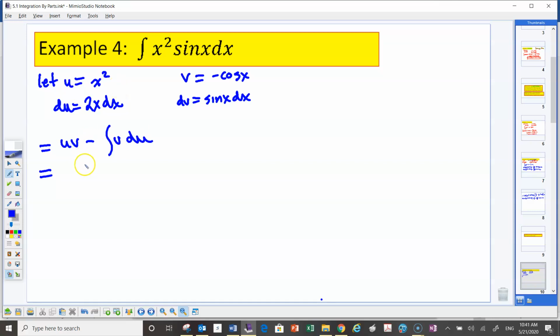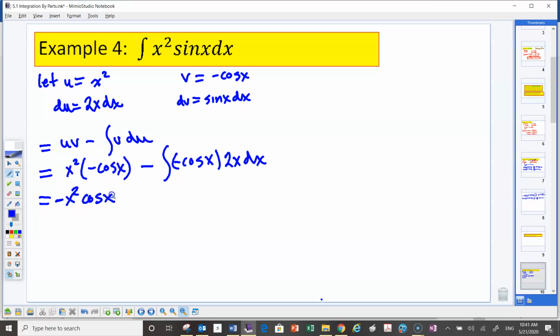So u times v is going to be x squared times negative cos x minus the integral of negative cos x, and du in this case is 2x dx. So this becomes negative x squared cos x plus, I'm just going to rearrange, I'm going to put the 2x out front, times cos x dx.